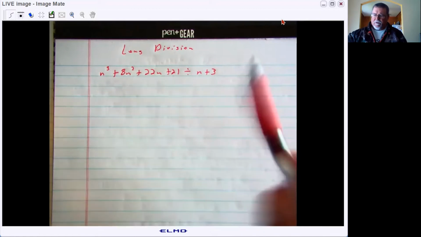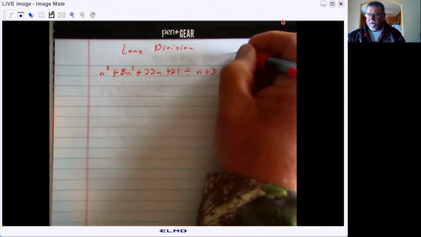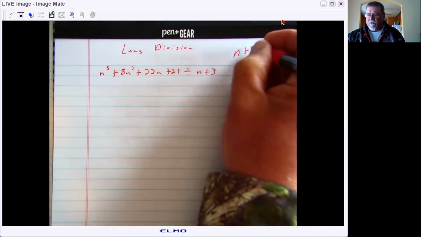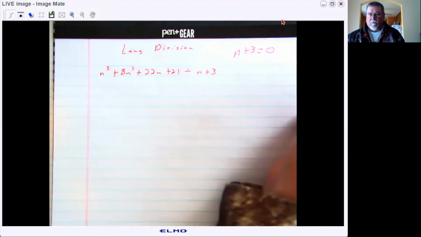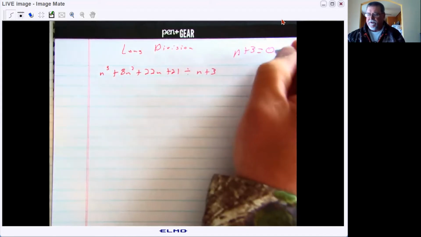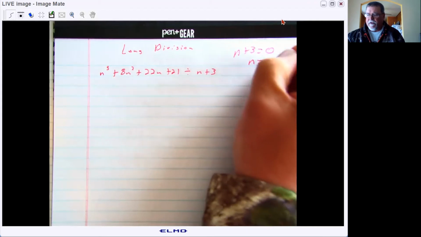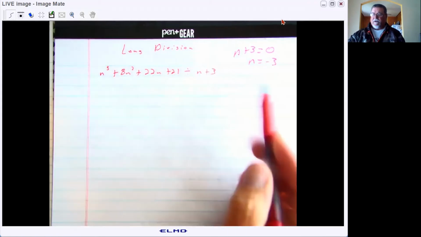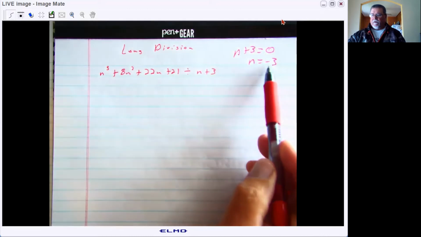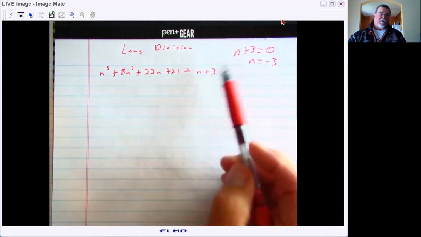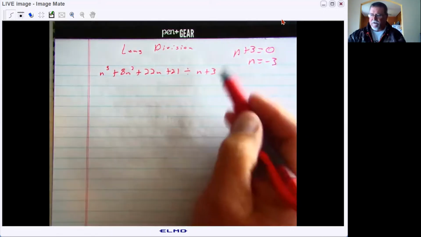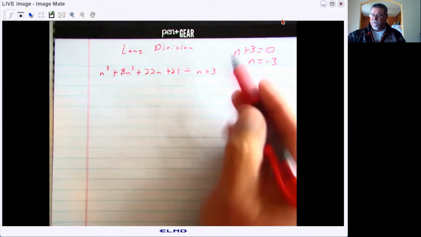Now, if we were solving a quadratic, if you remember, we would set each solution equal to 0. n plus 3 is equal to 0, so n is equal to -3. That means that the root here is -3. That's going to become important to us. This is called our zero. This is our solution.